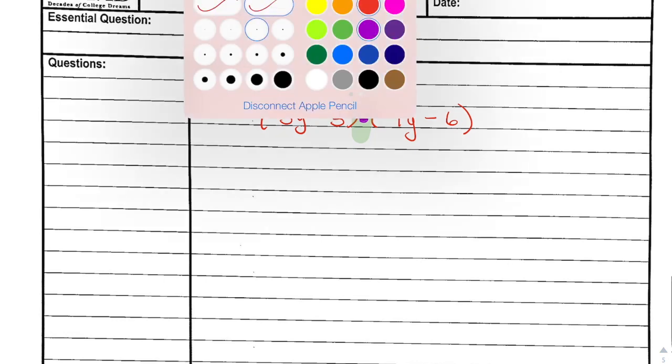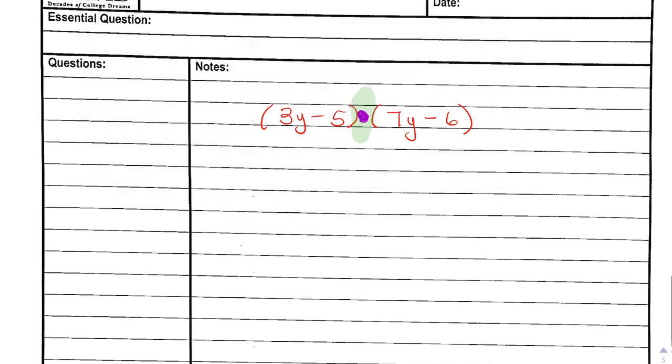So we're going to set up our boxes, and I do want you to set up the boxes. I don't want you to do it another way, even though you may know it another way. I want you to practice using the boxes. So we're going to set up a box, make it big enough for however big your handwriting is. We're going to bring our factors down the side, so we have 3y, and again a negative 5.